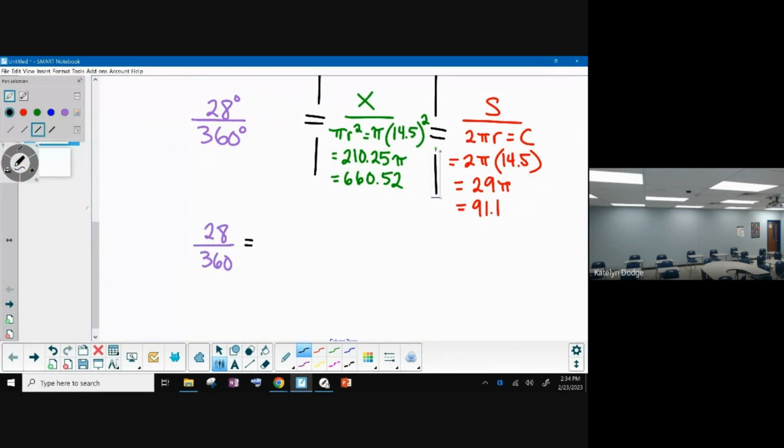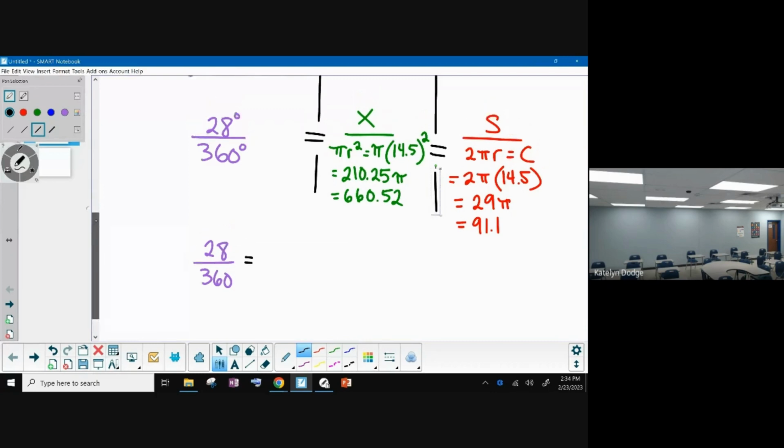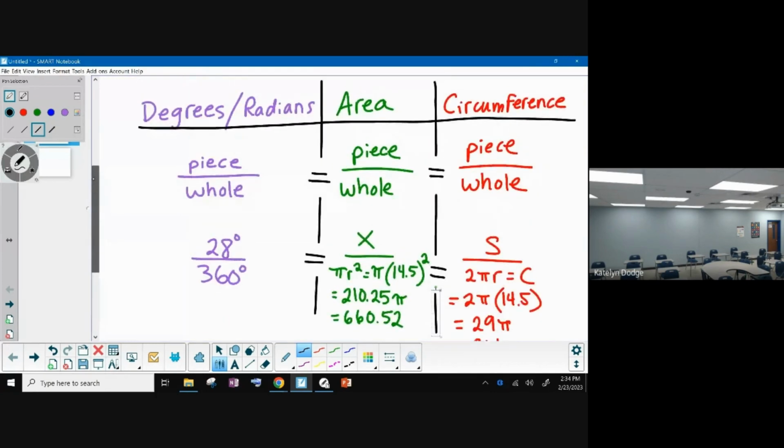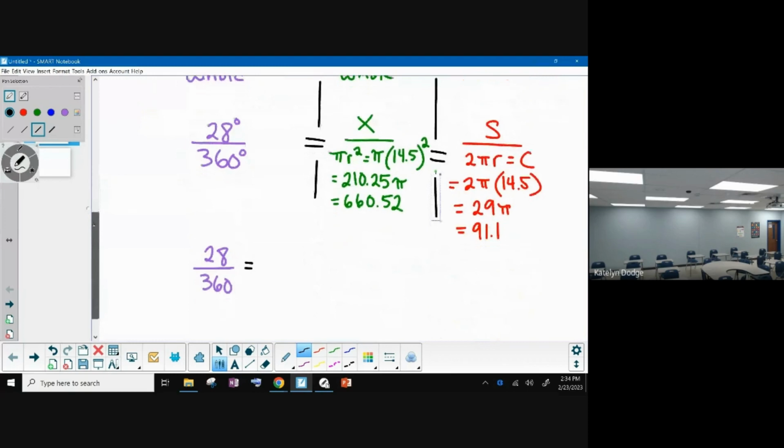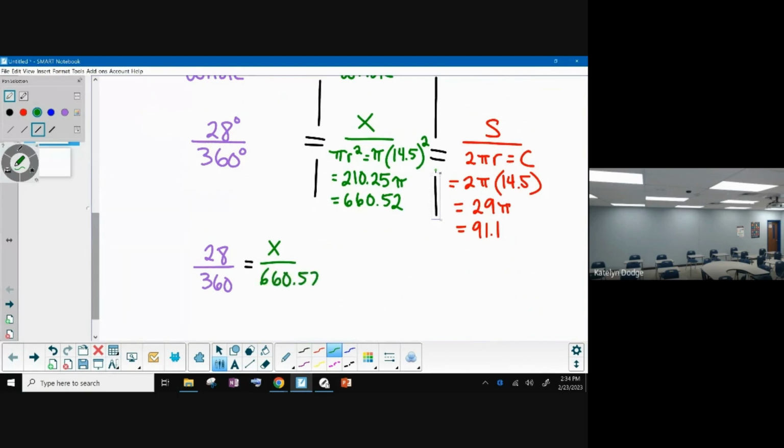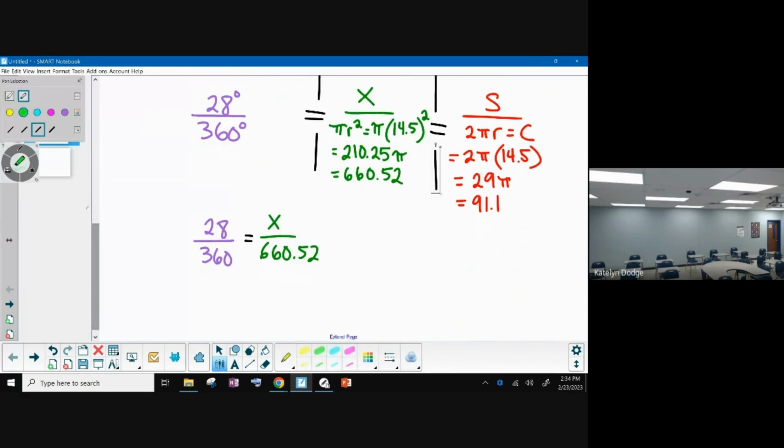And I want to set that equal to my second ratio so I can find my area of my sector. So my second ratio for area is the piece that's missing divided by the whole, 660.52.